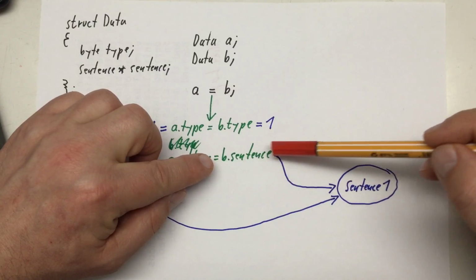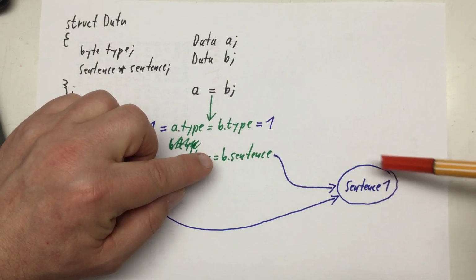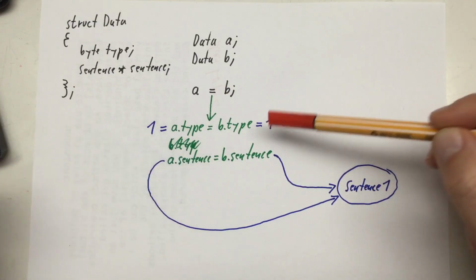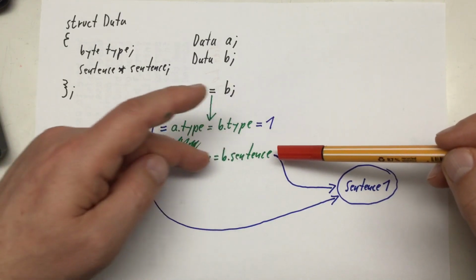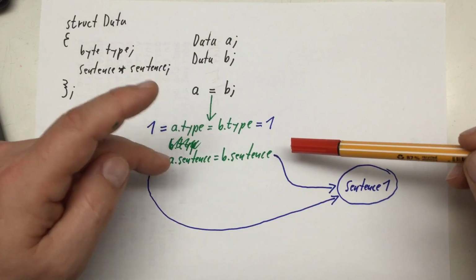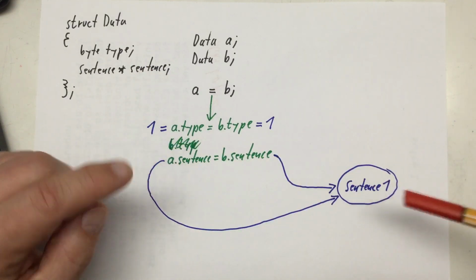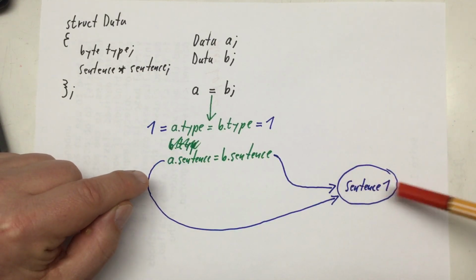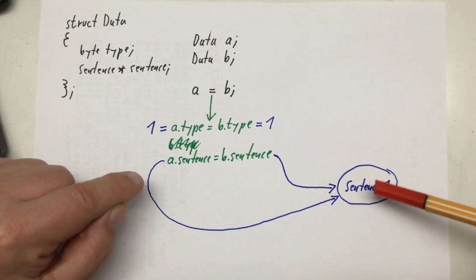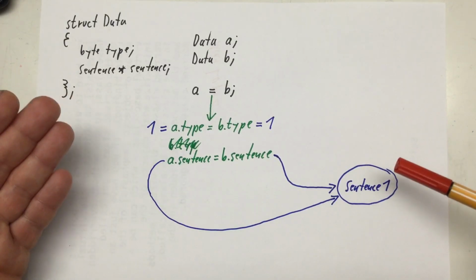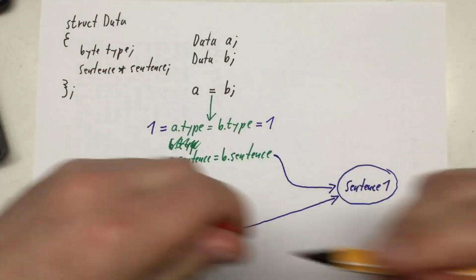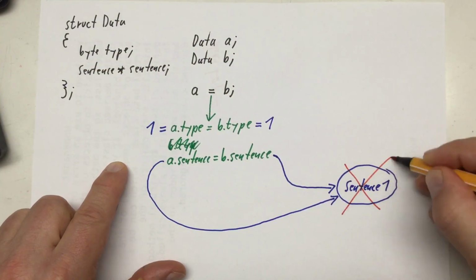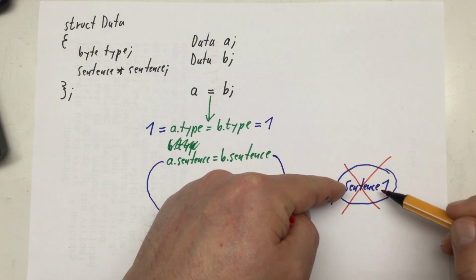And if B's sentence was pointing to some sentence 1, because we have type 1 here in the memory, then after the operation A's sentence will point to the same sentence 1 here in the memory. And what happens now if the destructor for data B is called and this ceases to exist?